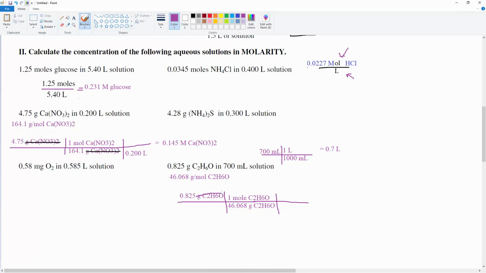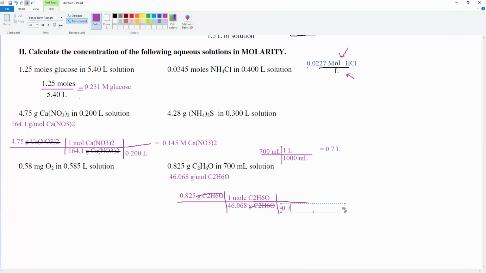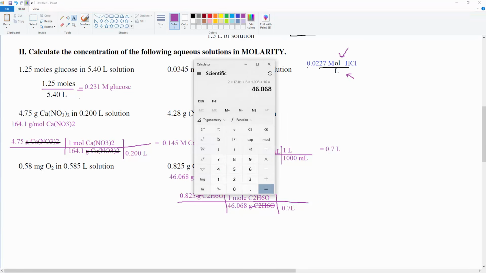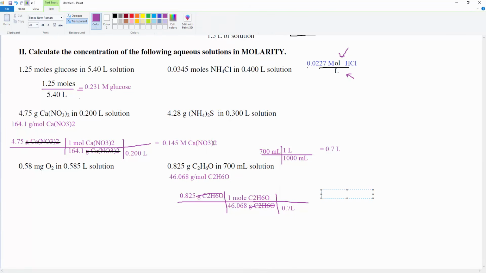So my grams cancel, and I've got moles on top. And so now we're going to put the liters on the bottom. Here we go. 0.825 divided by 46.068 divided by 0.7, and I get 0.026. All right. Molarity C2H6O. Is that what you guys got?